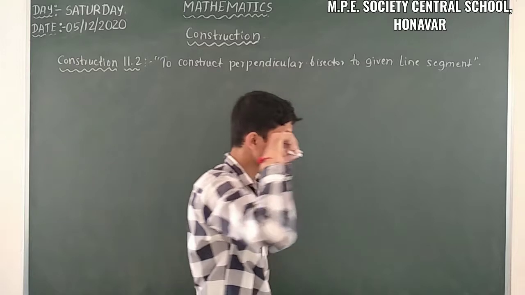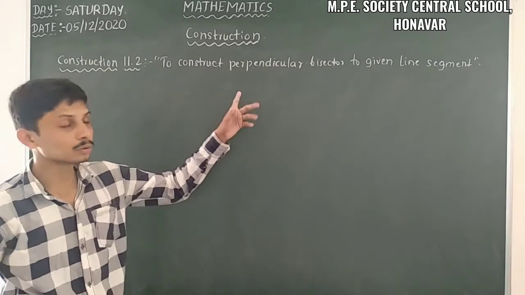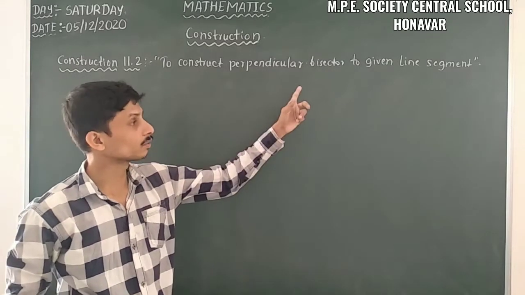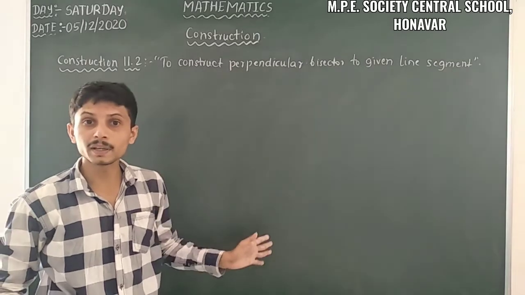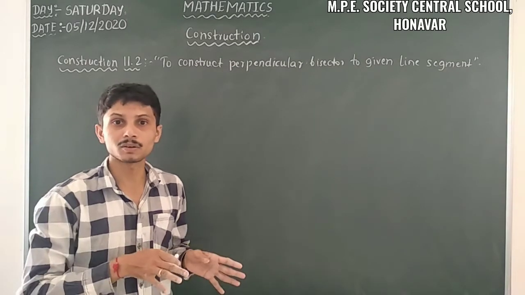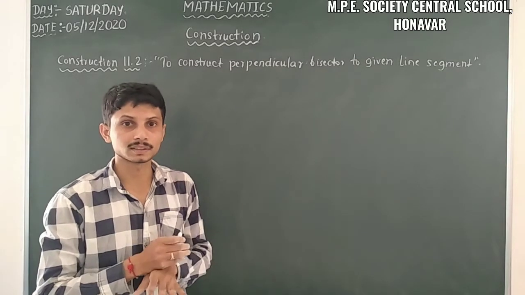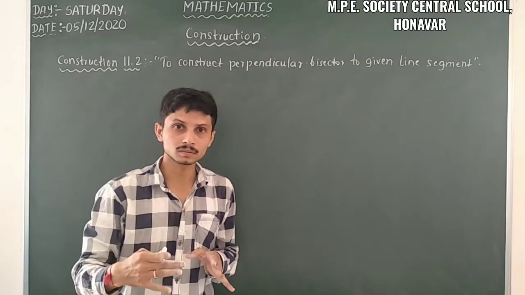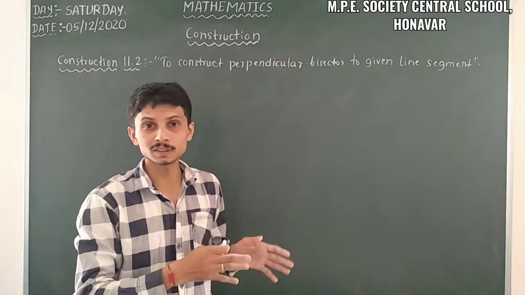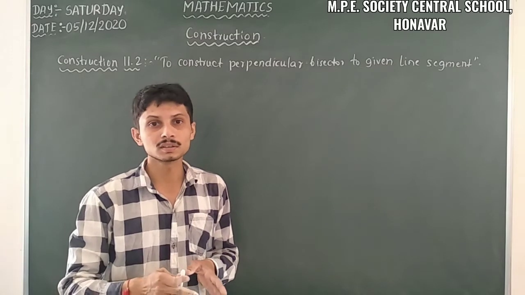To the given line segment we have to draw a perpendicular bisector, and then we have to justify the answer. So with the procedure we have to draw the things.